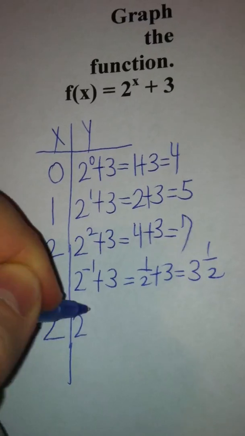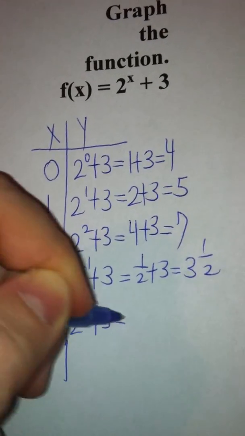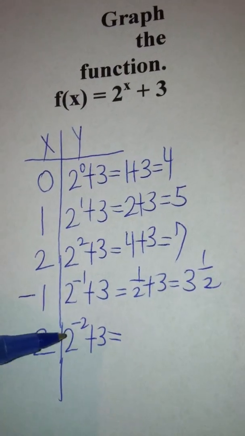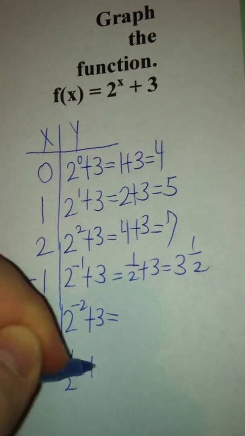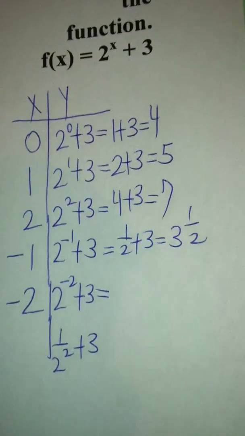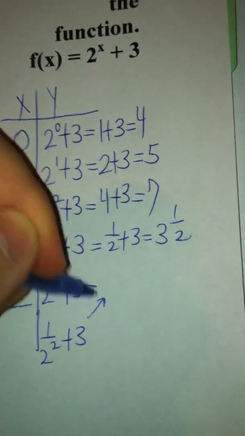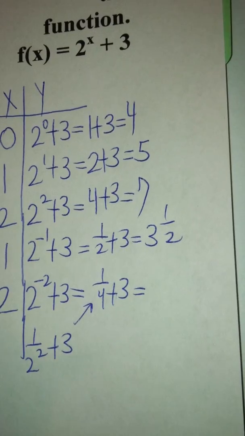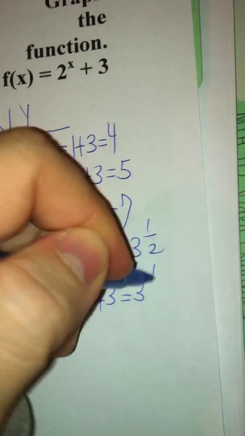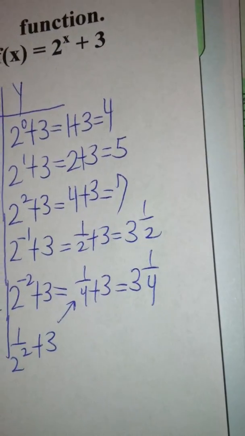And if we let X equal negative 2, we flip this, that's going to become 1 over 2 squared, which will give us 1/4 plus 3, equal to 3 1/4, or same thing as 3.25.